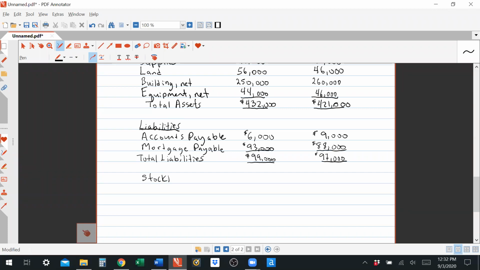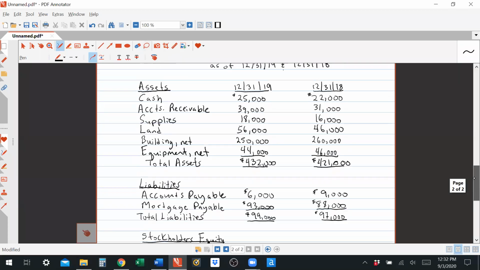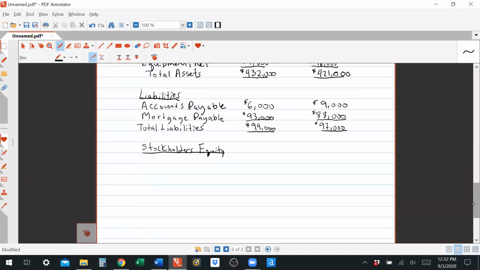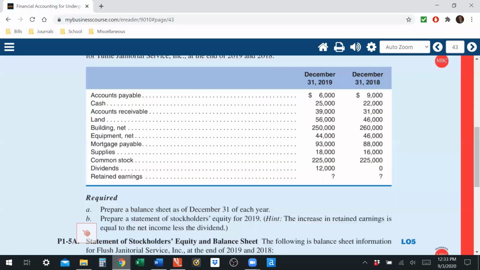Stockholders' equity has two parts, contributed capital and earned capital. The contributed capital we call common stock. Common stock had a balance of 225 at the end of 2018 and 225 at the end of 2019.